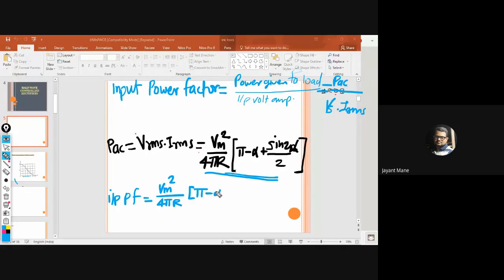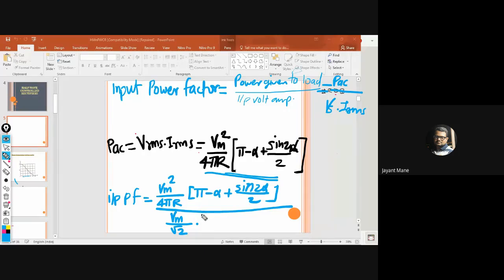Into bracket phi minus alpha plus sine 2 alpha by 2, divided by Vs. Vs is maximum value upon root 2. It is a sinusoidal voltage. So Vm by root 2 into IRMS. So we know what is IRMS.